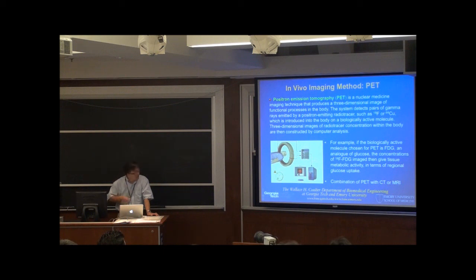The third one, just going through quickly, is positron emission tomography, or PET. That one is not by tissue itself generating an image. You need to have something else as a radio tracer that actually emits the photons. Basically, for the mechanism, you have a radio tracer such as F18 or copper-64.